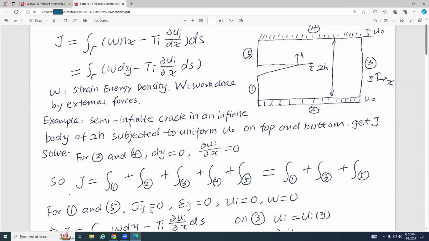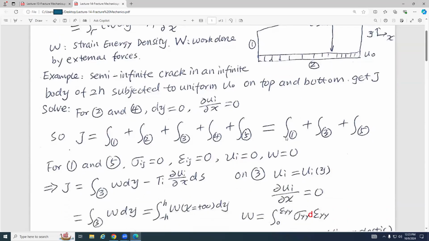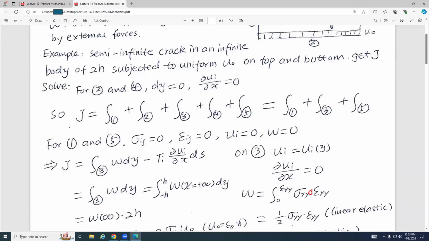And epsilon ij also equals 0 because there is no displacement. The epsilon is related to the displacement through the kinematic equation: epsilon ij equals 1/2 (ui,j plus uj,i). So as a result, the first one and the fifth one are equal to 0 also. That's the reason I only have the integration over the third segment.